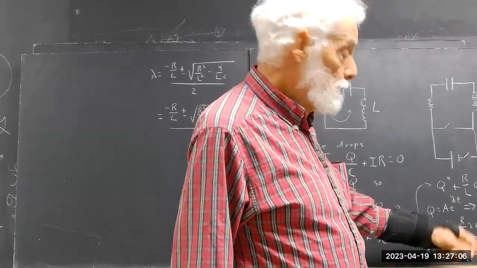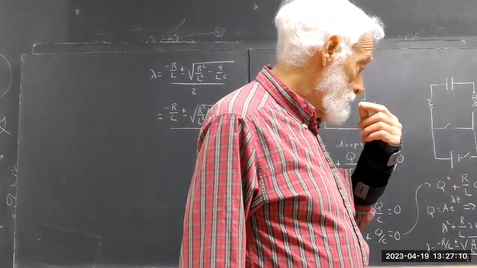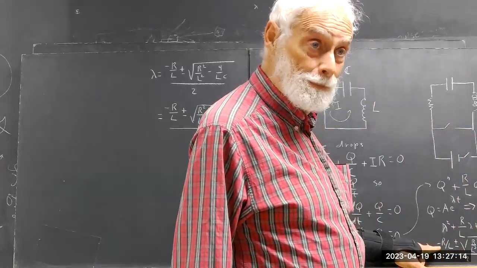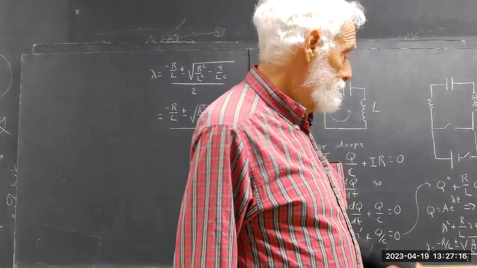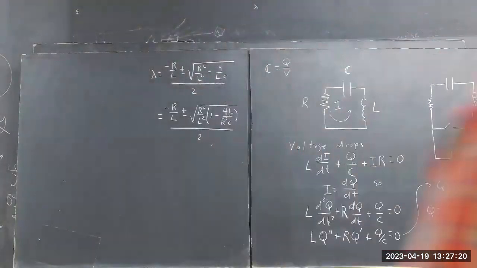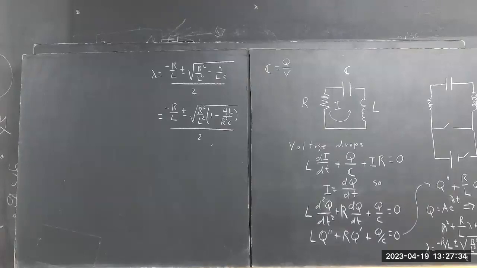So you end up with the square root of 1 over LC, and that gives you your imaginary part, and that's all you have.